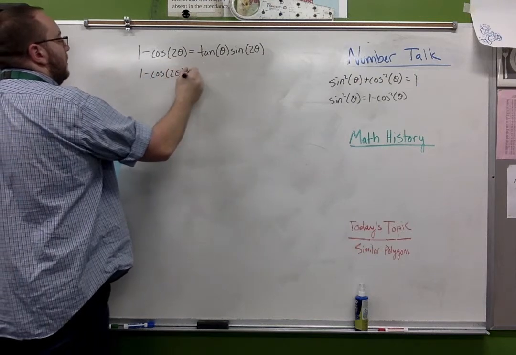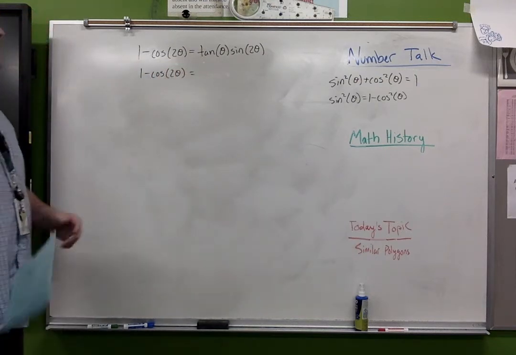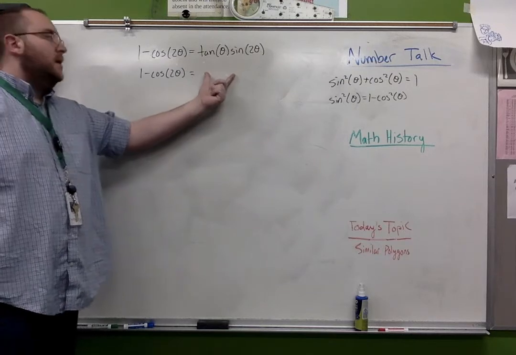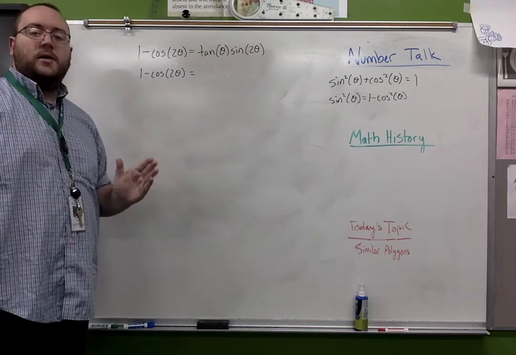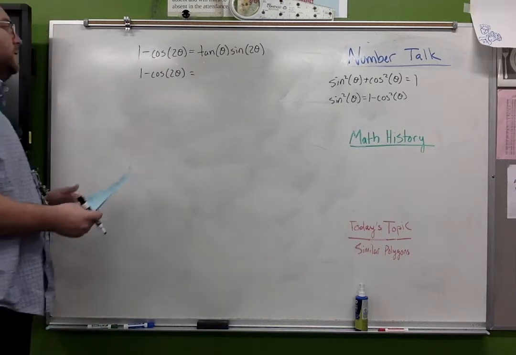We're going to end up working with both sides. We're not going to cross the equal sign, but we're going to simplify this down to something, and then we're going to simplify the other side down to the same thing. So we're going to work with each side individually. We're not going to cross equal signs.